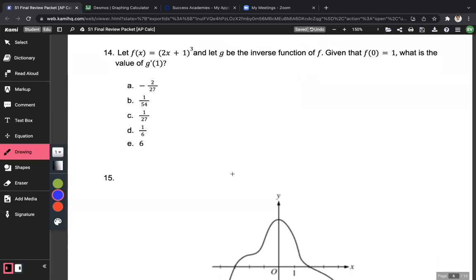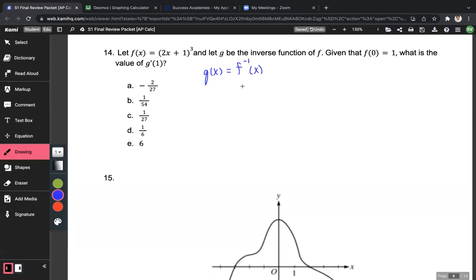Looking at number 14, we need to remember our inverse derivatives. Not going to get into how we derive that because we've already learned that in class. This would be a good one to either refresh yourself on the derivation or commit it to memory. We're given here that g of x is my inverse, so that equals f inverse of x.